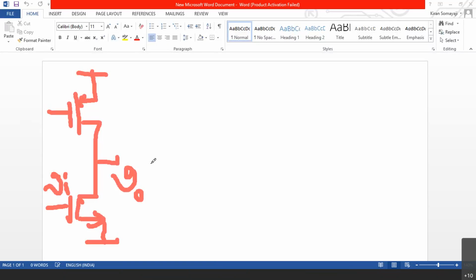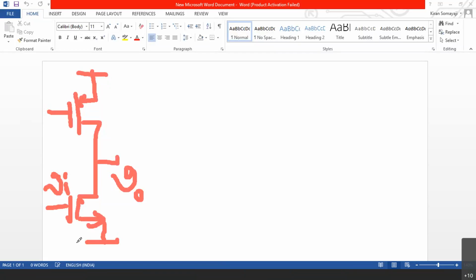The lower transistor was the amplifier transistor, the upper transistor was working like a resistor. The resistor was replaced with the P MOSFET here. So now input is given to the gate, output is taken at the drain, and the source is common in case of the amplifier transistor.